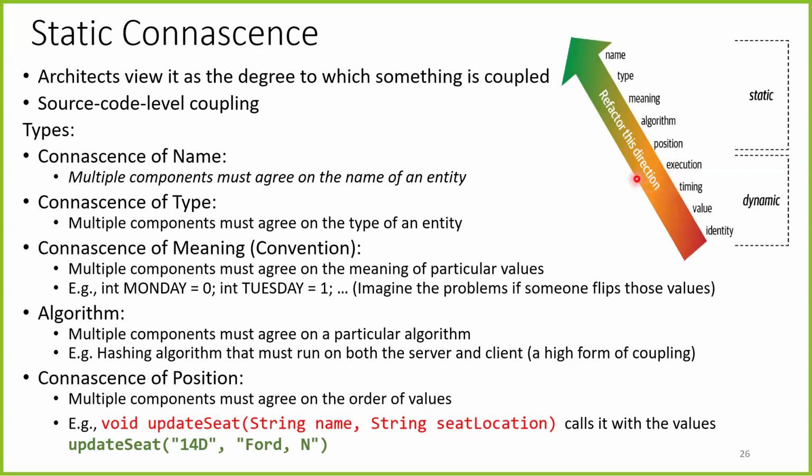And we always try to bring it up, because if it is dynamic connaissance, we will not be able to see those effects at compile time, because our code will compile nicely. But it is only at runtime that the problem starts to appear and our application can crash, because I made some change in the execution in one place, and the other places in my code that depended on that part were not updated.